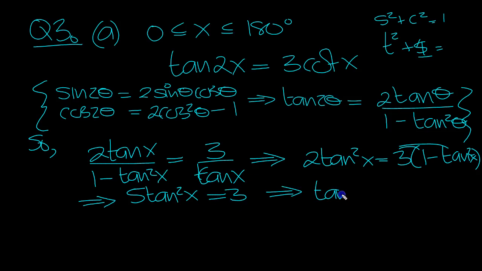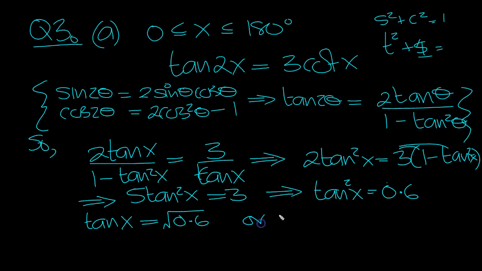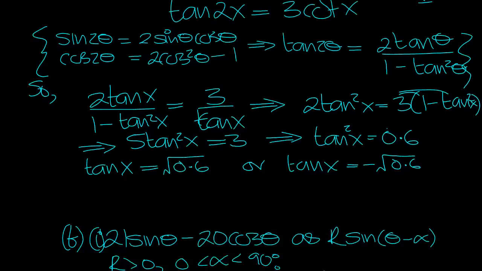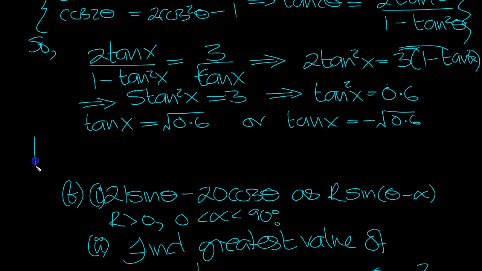So tan squared x is equal to 0.6, so tan x is equal to the square root of 0.6, or tan x is equal to minus the square root of 0.6. So let's look at those two between x is 0 to 180.